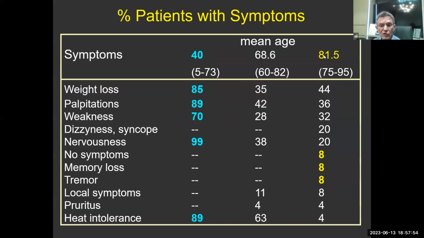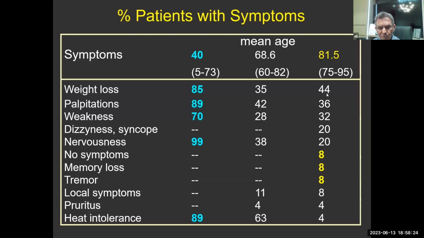Now, if you look at the patients with hyperthyroidism, you can see the symptoms will differ according to their age. So young people often present with florid hyperthyroidism, with weight loss in 85%, palpitations, weakness, agitation, nervousness, and heat intolerance. Those are the classical features that young girls or men present with, such as Graves' disease.